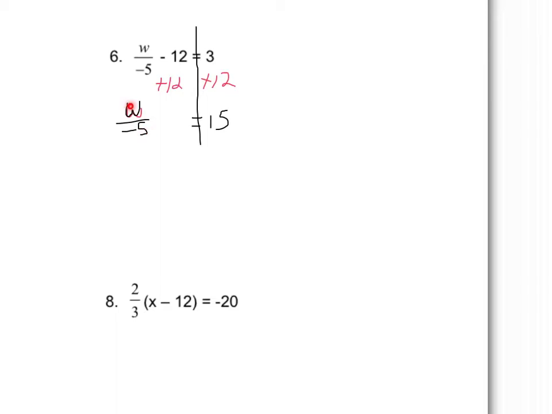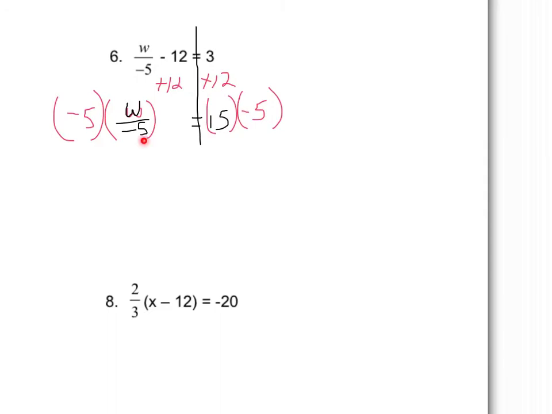So instead of dividing by negative 5, we want to multiply both sides by negative 5. So I'd put this in parentheses, and I'd multiply it by negative 5. And on this side, we would do the same thing and multiply it by negative 5. All right, so you can see that this is doing the opposite, right?